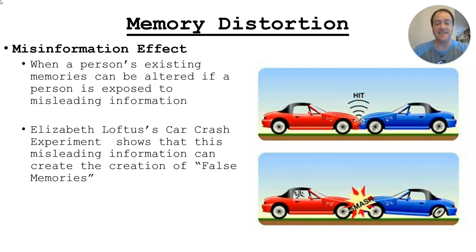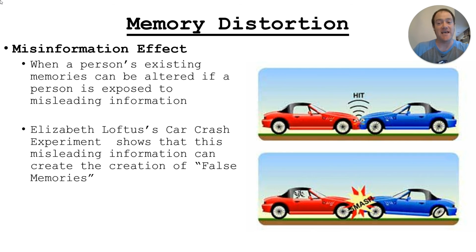She did a bunch of different scenarios like this where she would stage a car crash, safely, of course, in front of a group of people. Then they would split the people into 2 groups, and one person would ask the people who saw it, how fast do you think the car was going when they hit each other?